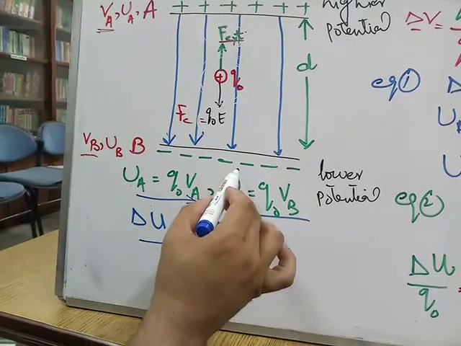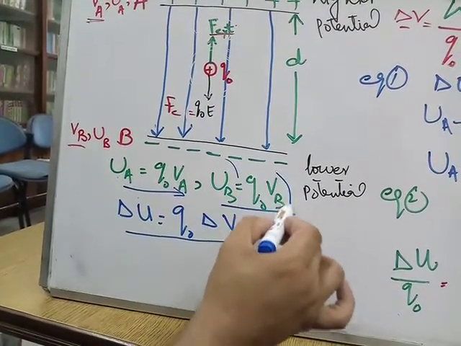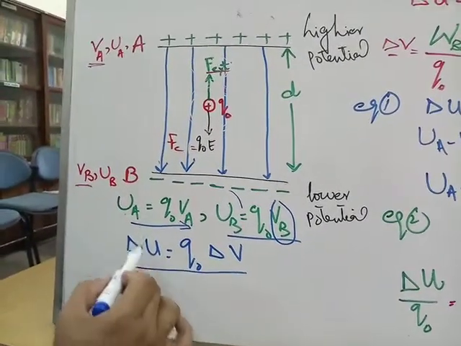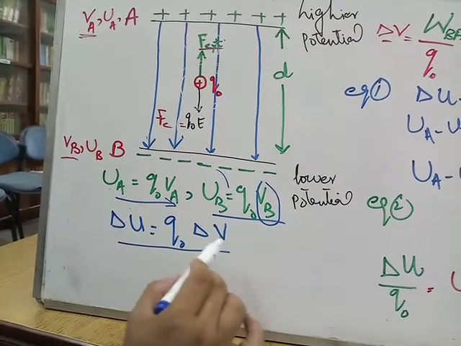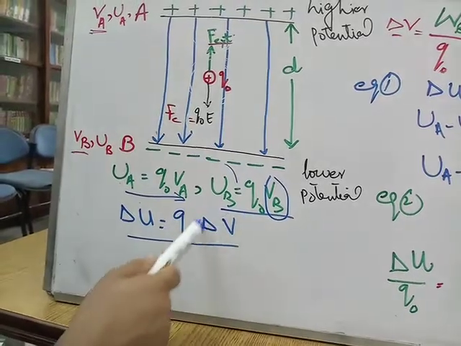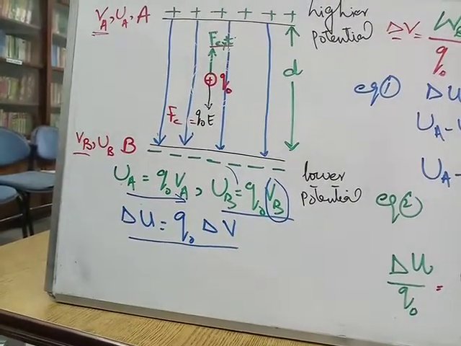If we use plate B for the potential energy, we use only the potential for plate B. So for a general change in potential energy, we can use the change in potential. This is the potential energy and this is the potential. So delta V is the potential difference, and I defined this earlier.